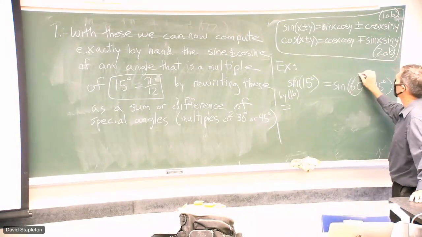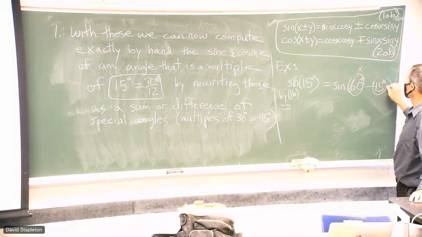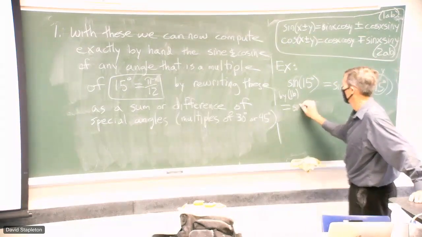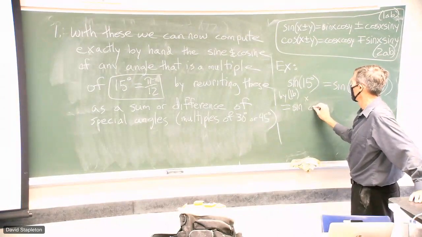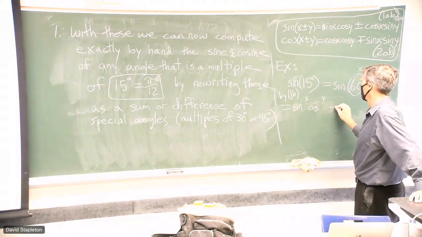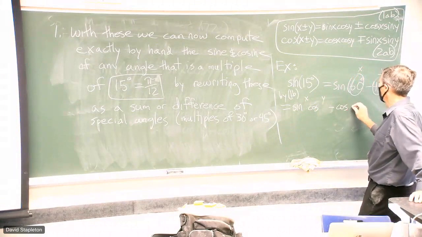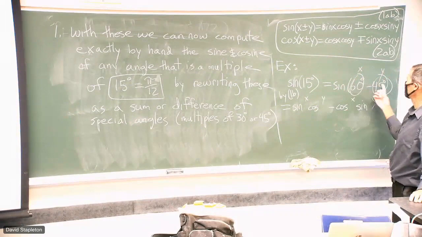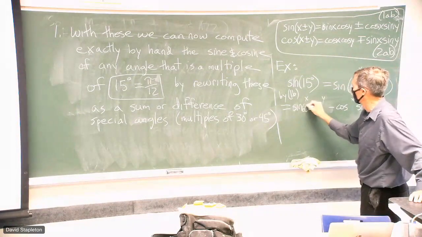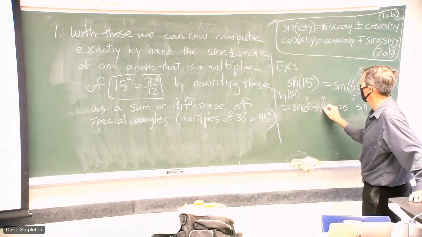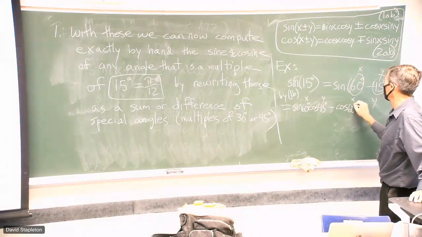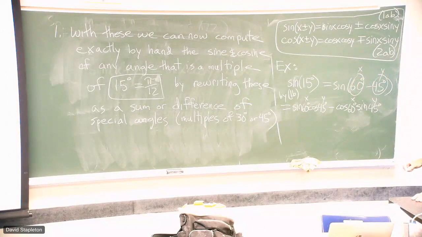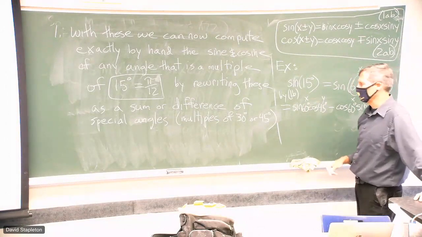So if I call this x and I call this y, what I have is sine x cosine y minus cosine x sine y. I have to fill in x equals 60 and y equals 45. So sine 60 cosine 45 minus cosine 60 sine 45. Sine cosine minus cosine sine. And those I know how to do, right?